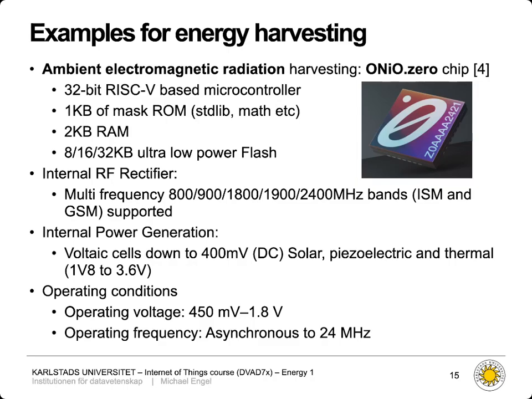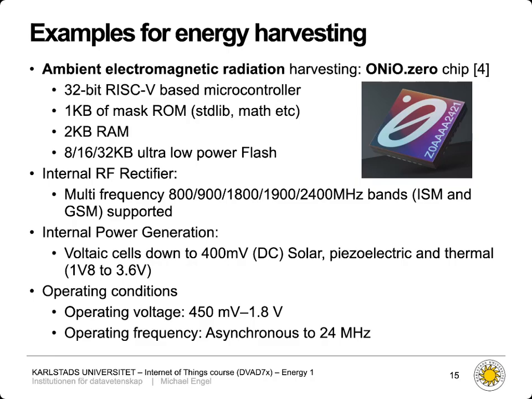And this has an internal radio frequency rectifier, so all the radio frequency hitting this chip coming from the environment can actually be converted into a power source for this chip using this rectifier. And you can actually have this rectifier work on several frequencies. And of course, this is tuned to the most common frequency of electromagnetic radiation around us. So the different wireless frequency bands, so ISM and GSM bands for our mobile phones, so 800, 900, and a number of additional frequencies, including the 2400 megahertz ISM band, where also Wi-Fi and Bluetooth is located.